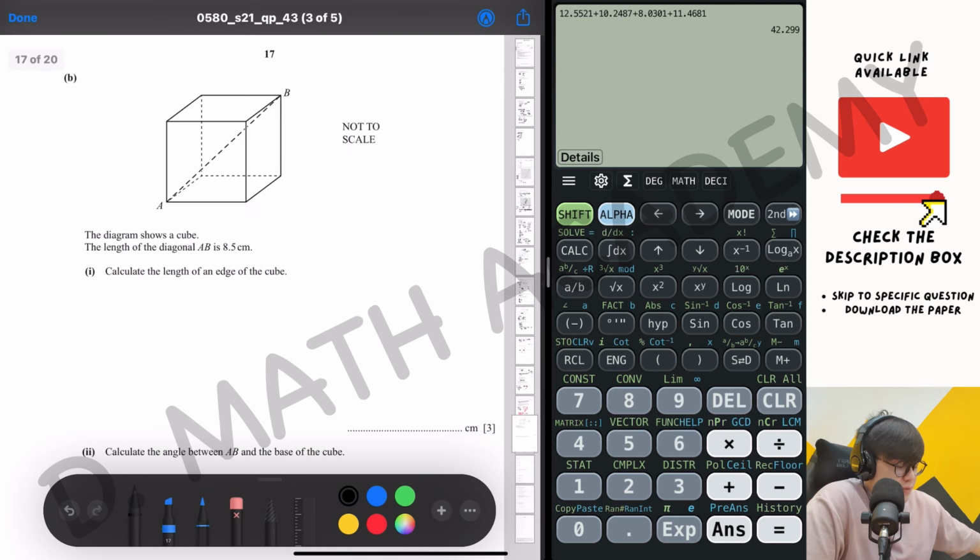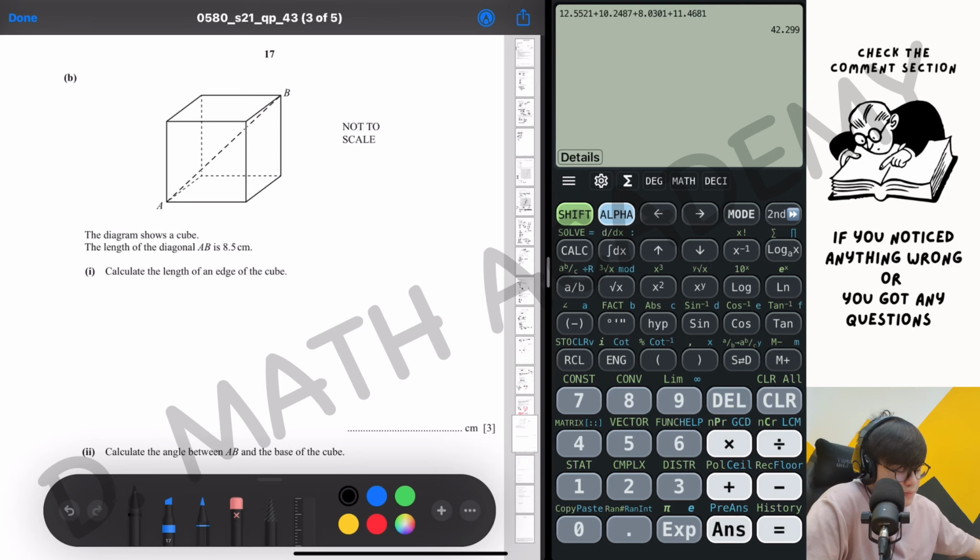Moving on to B, they were asking you to calculate the length of the edge of the cube. The diagonal is 8.5. So let's say it's a cube, here will be x, here will be x. The center of this, you have to figure it out. So it's actually the square root of x squared plus x squared. So you actually have 2x squared here.